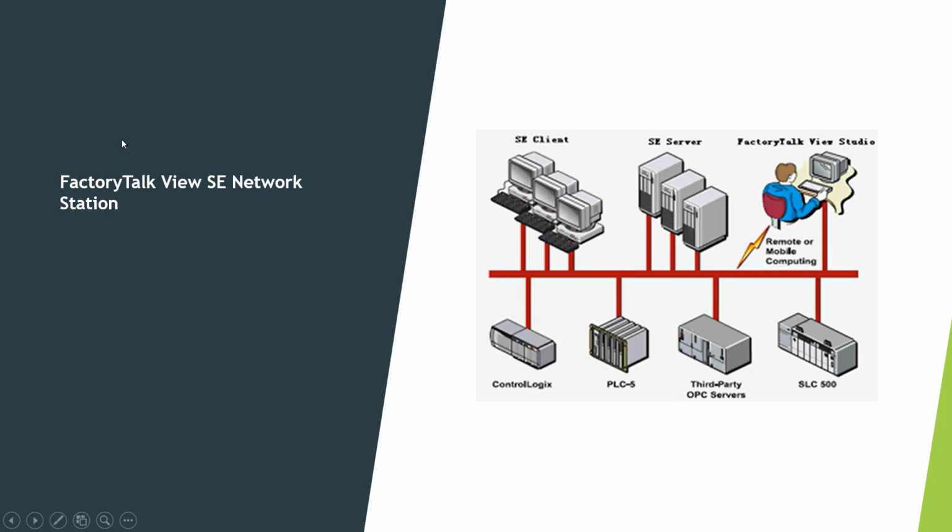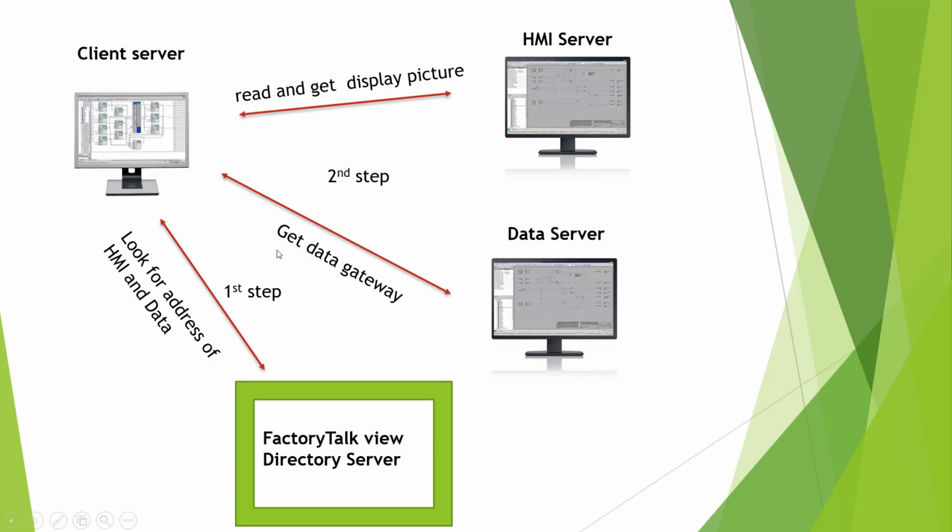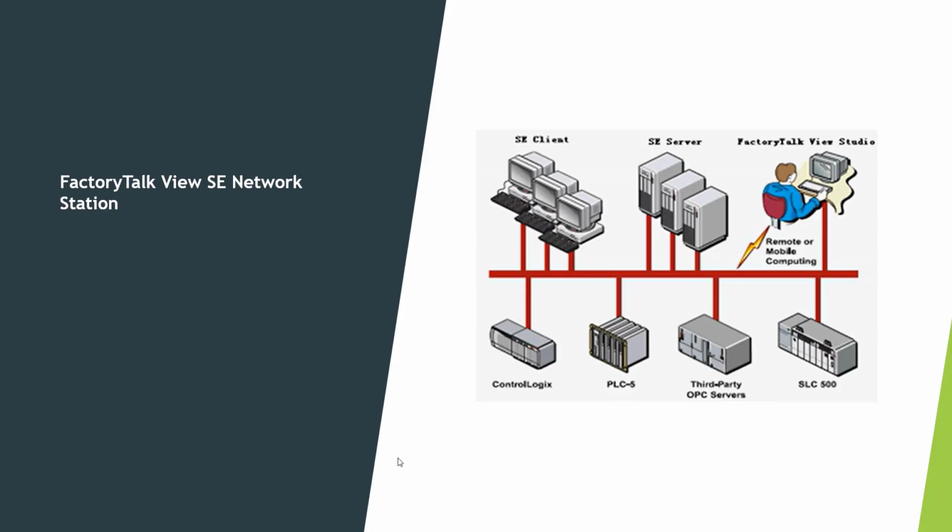So a FactoryTalk network workstation looks like this. All the PLC, SE client, SE server, and FactoryTalk View Studio are in the same network, so they can communicate with each other. Here is the SE client.